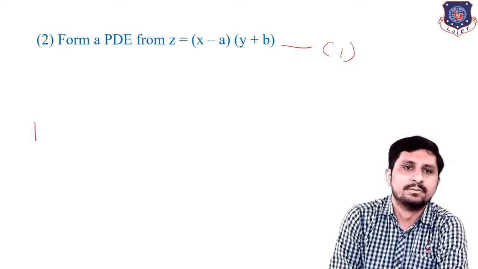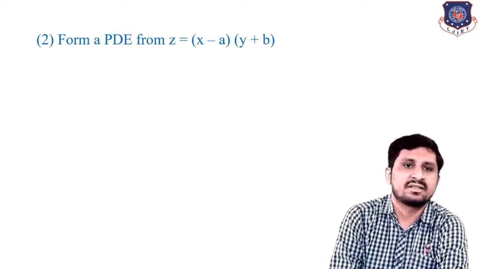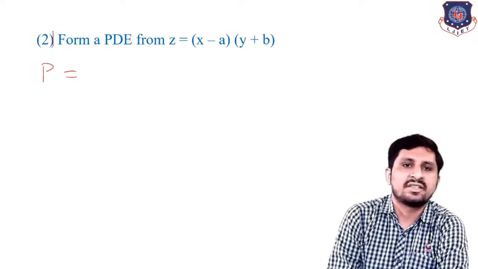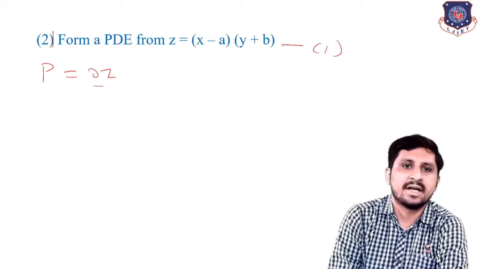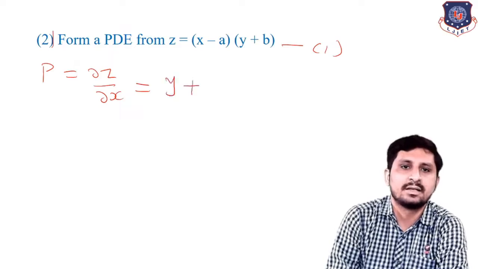So P is equal to differentiation of equation 1. And what is P? P is nothing but del Z by del X. So P is equal to, when we are taking differentiation of equation 1 with respect to X, that is nothing but Y plus B, because differentiation of X minus A with respect to X is 1.